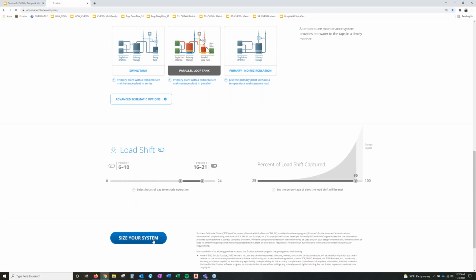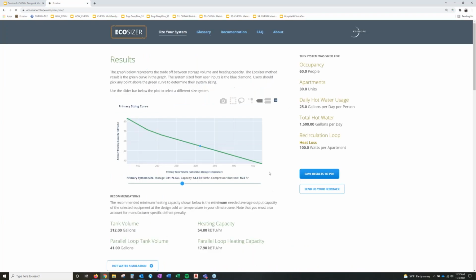And then the last thing we'll do is click size your system. It's going to do some math in the background and pull up this primary sizing curve. And we just need to be above this green line here, anywhere on this curve. So we can see that the default selection point was based on a 16-hour runtime for that heat pump.